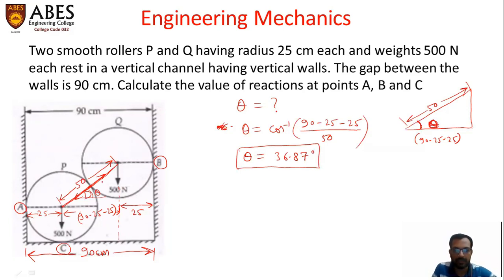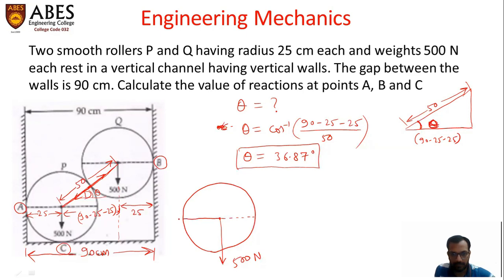First of all, we are going to consider the upper roller. This is the free body diagram of the upper roller. The weight of 500 newtons. The reaction from this vertical wall will be horizontal and it will act to the left hand side. Suppose this reaction is RB.